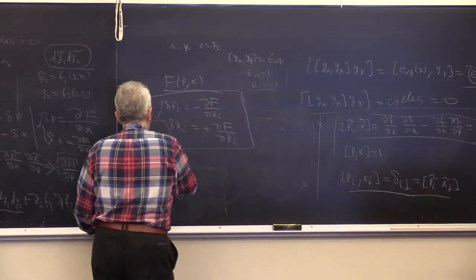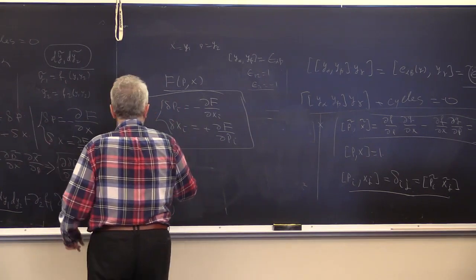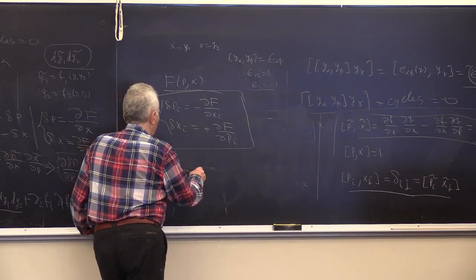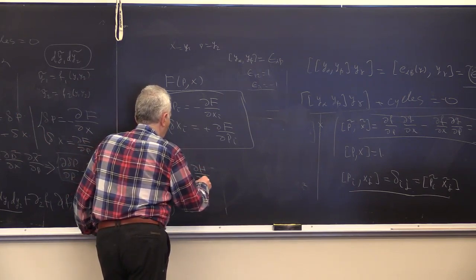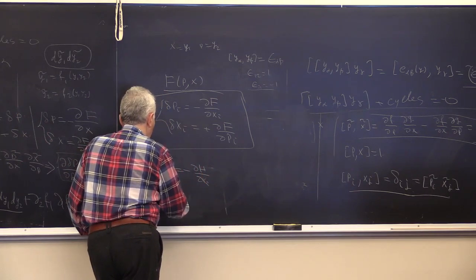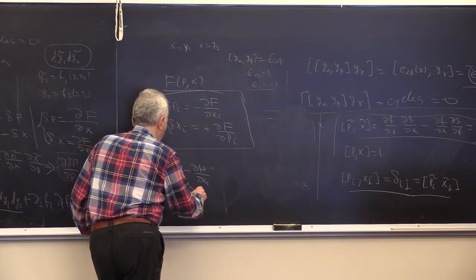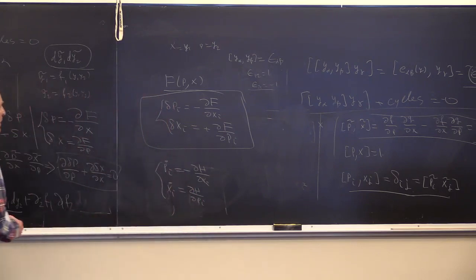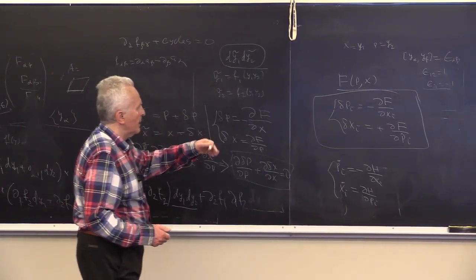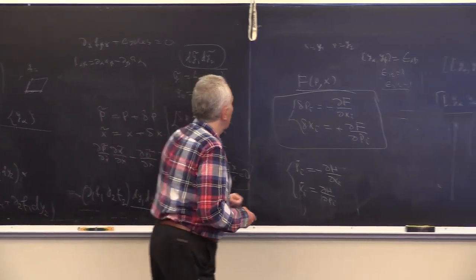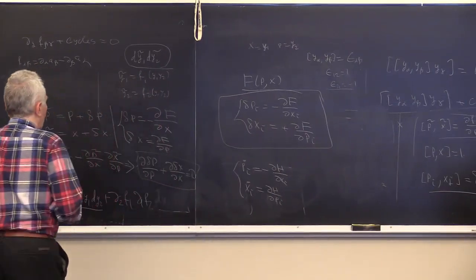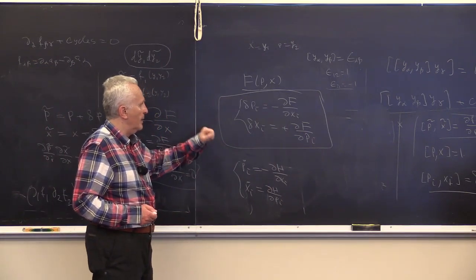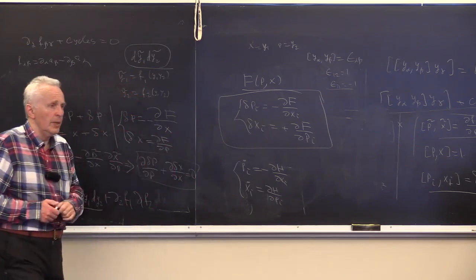I remind you of the Hamilton equations which we derived in this phase space, where p_i dot and x_i dot are given by derivatives of H. Now I want you to compare these canonical transformations with the equations themselves.